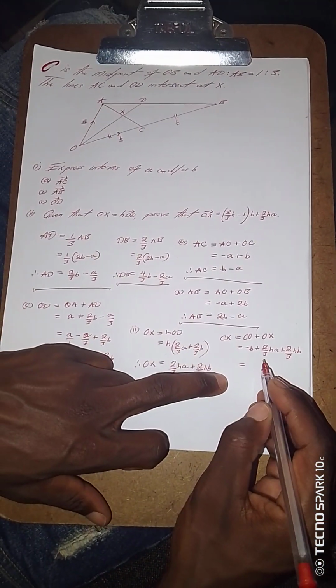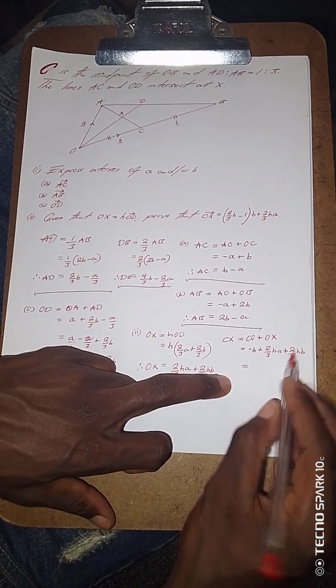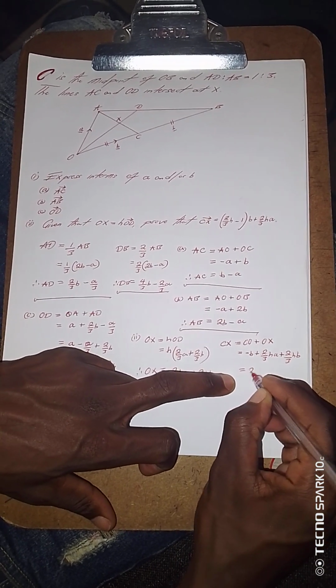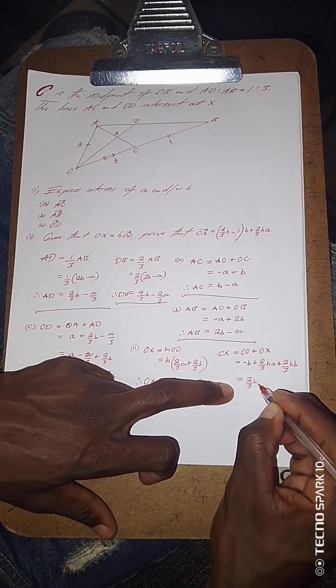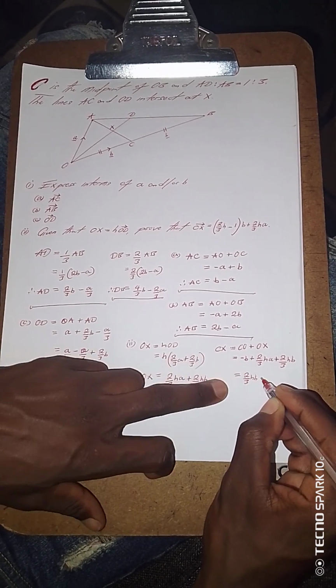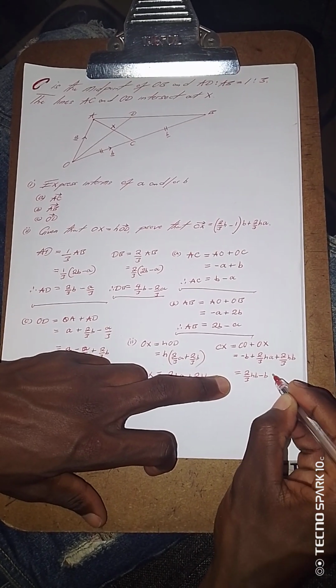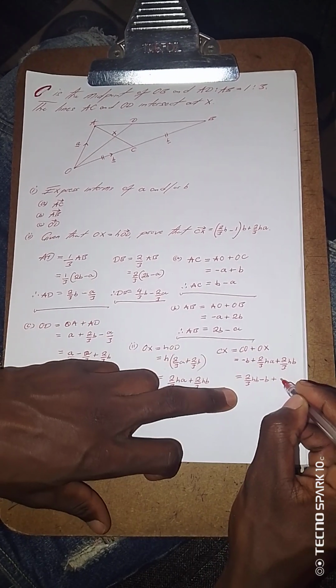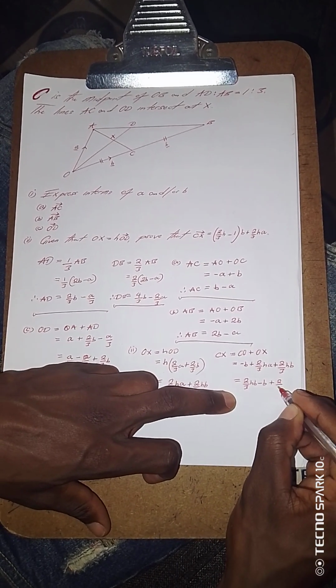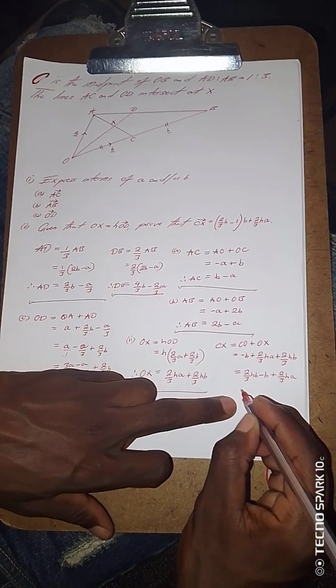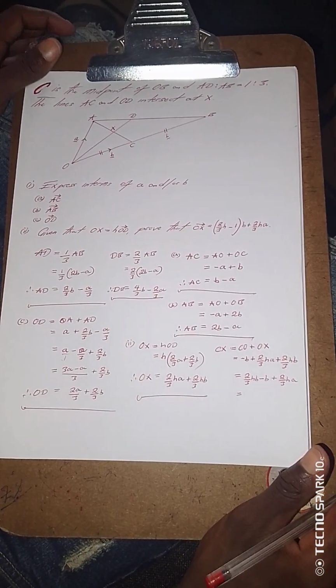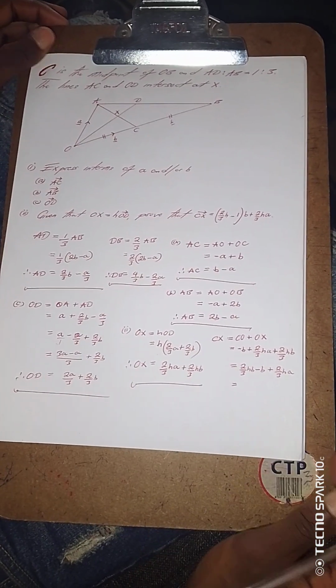So they started with this one. They did like this: 2 over 3hB minus B plus this one, 2 over 3hA. And then the next step they did was factorizing to find what is common.